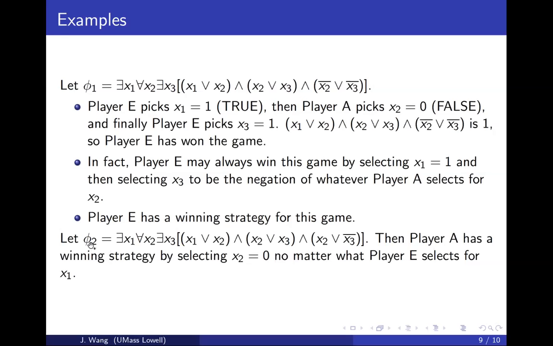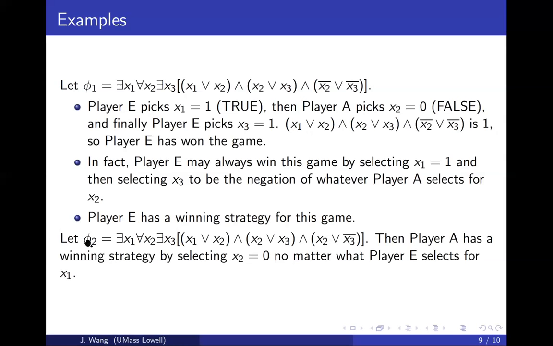If you look at the second example, we change the Boolean formula a little bit. We get rid of this x2 bar and put x3 bar here. Then in this case, player A has a winning strategy, simply by selecting x2 to be 0. So no matter how x3 is picked, one of these clauses will evaluate to false.